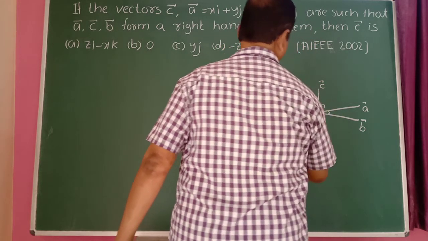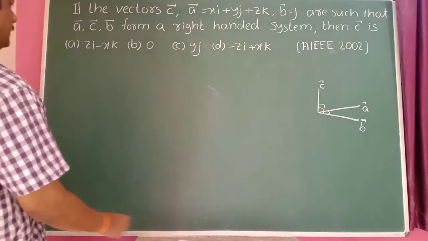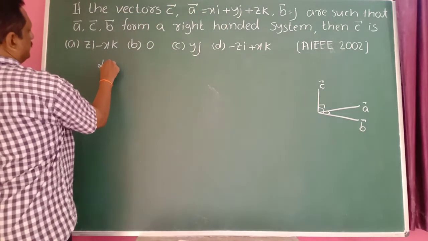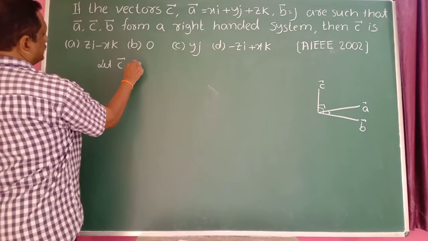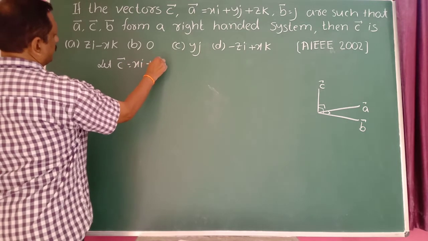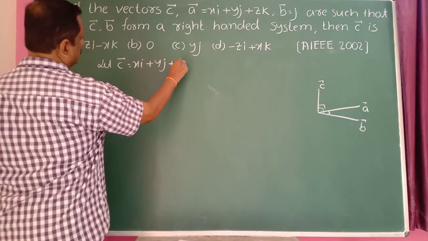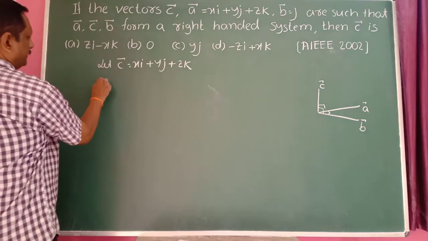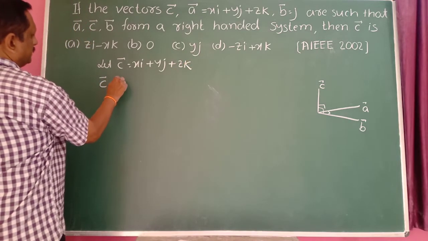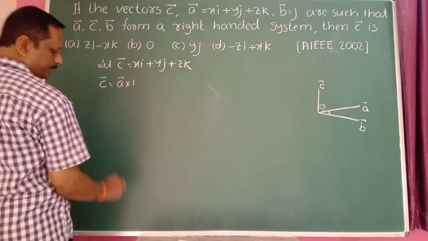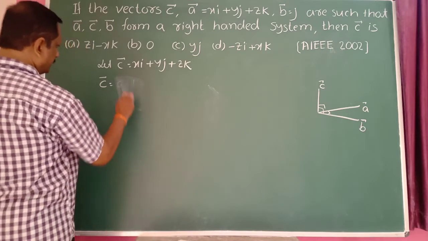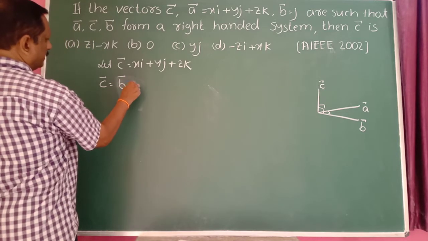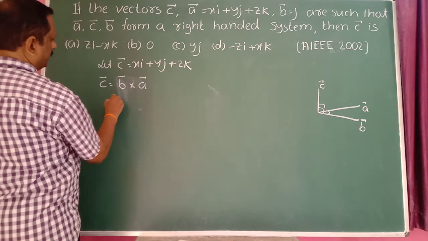Therefore, let us consider the vector C bar as xi plus yj plus zk. Therefore, C bar is equal to A bar cross B bar, the vector B bar cross the vector A bar here.